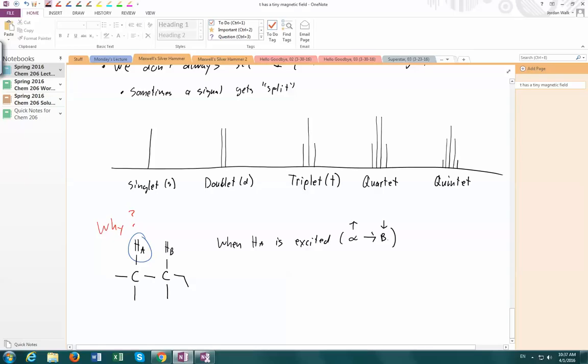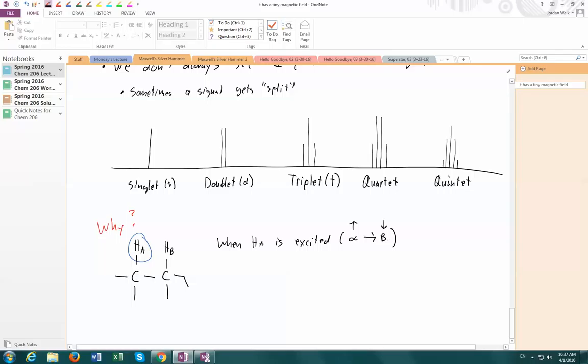Now, at the beginning, if this thing's just sitting in space, there are two possible spin states, right? +1/2 and -1/2. And so we're in equilibrium. So for HA, it's about half +1/2 and about half -1/2 at the beginning. The same is true for HB.